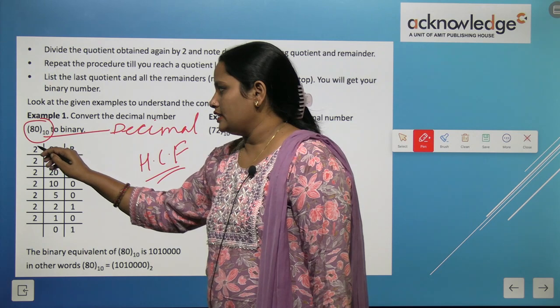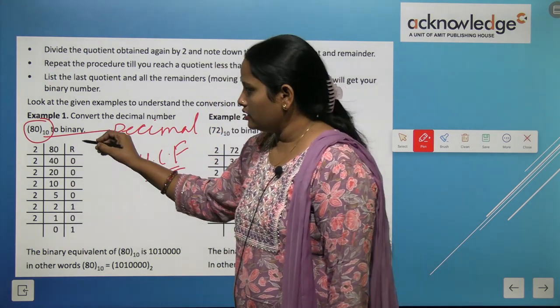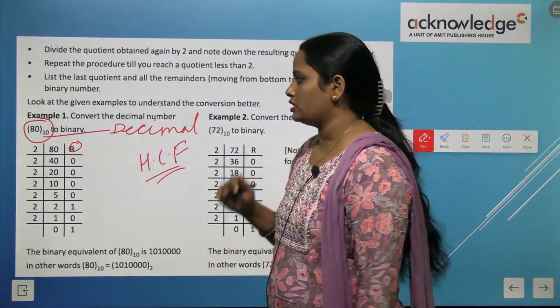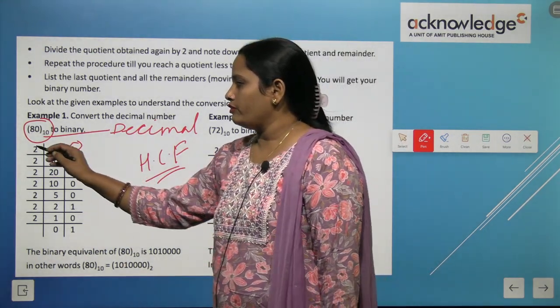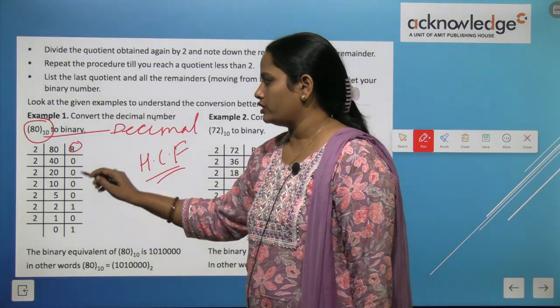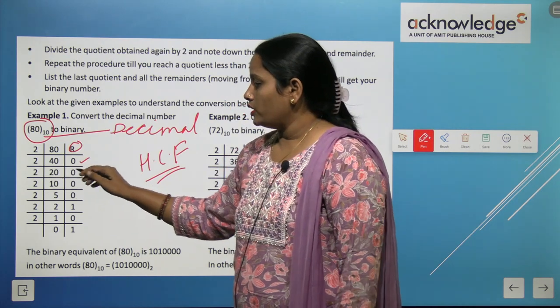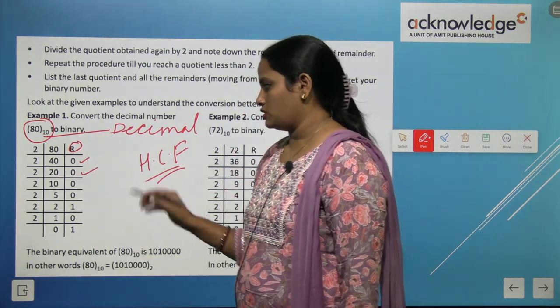We have written 80, then we have to divide each number here by 2, and here R means remainder, whatever remainder that we get. So when we divide 80 by 2, we get 40 and 0 remainder is here. Then again we are dividing 40 by 2, 20 comes and remainder is 0.